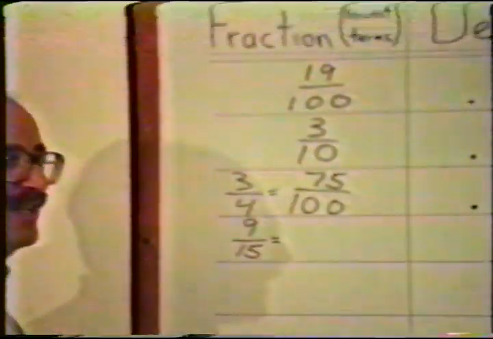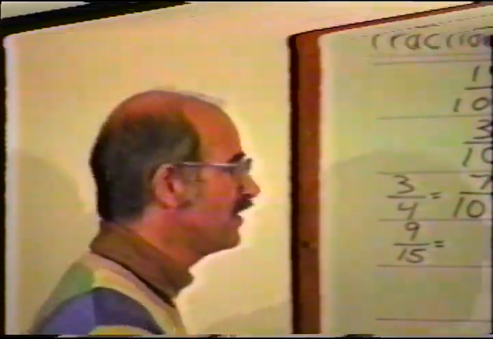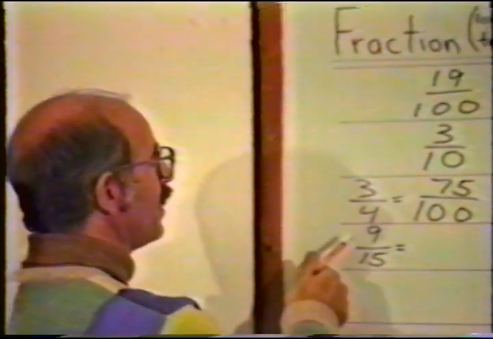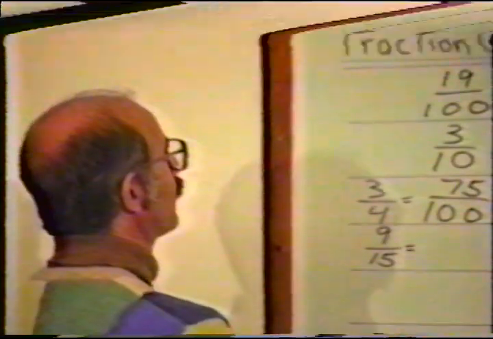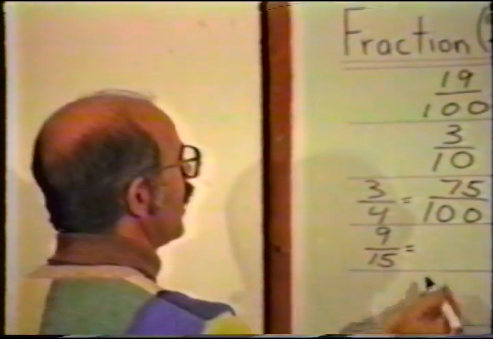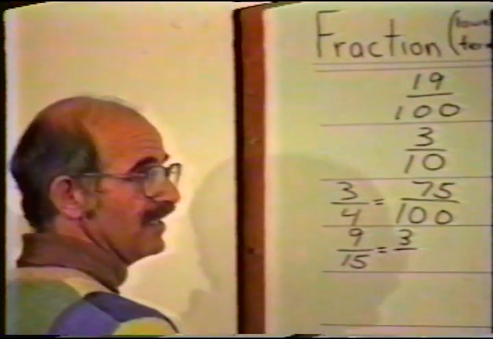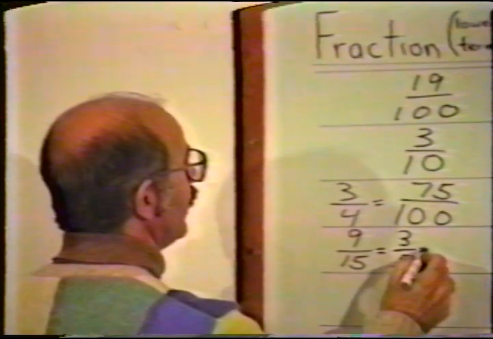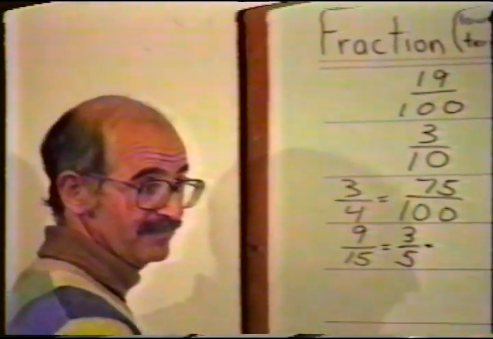The next question I ask myself is, can I reduce it? Yes, I can. With what number can I hit both top and bottom? 3. 3 into 9 is 3. 3 into 15 is 5.